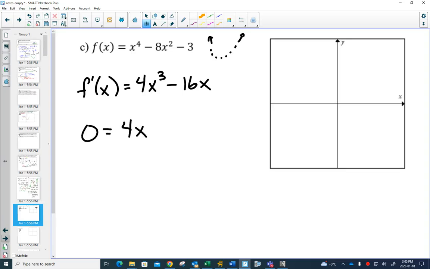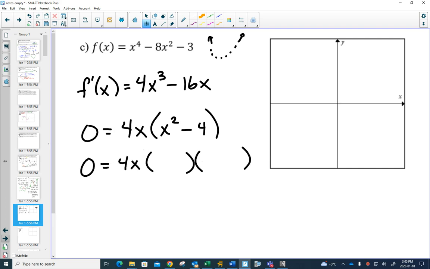Notice you can factor out a common factor of 4x, leaving you with x squared minus 4, which is beautifully a difference of squares, which factors nicely to x plus 2 and x minus 2, which tells us, split it up into 3. x could be 0, x could be negative 2, x could be 2.